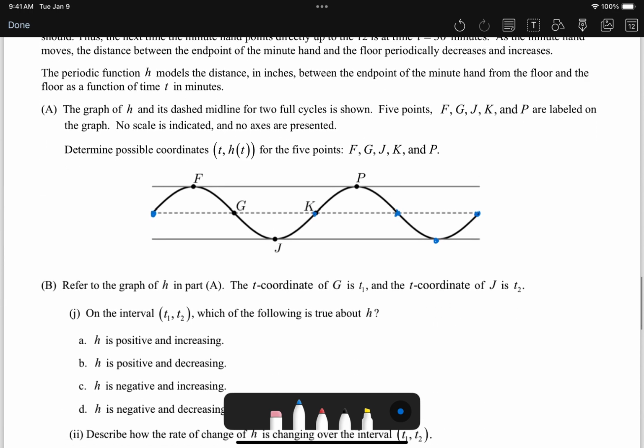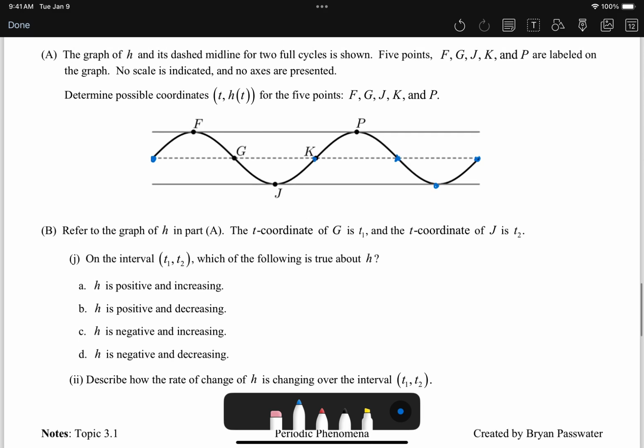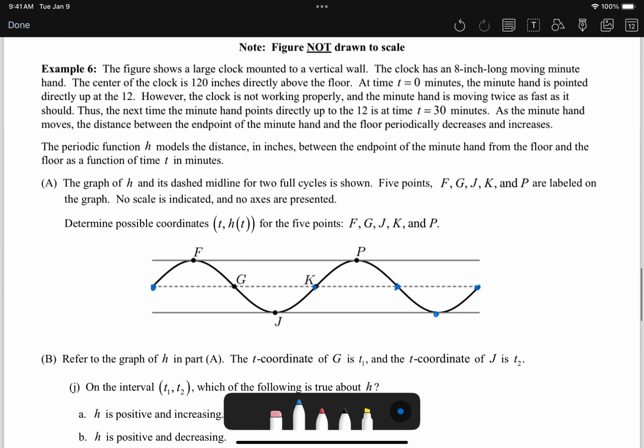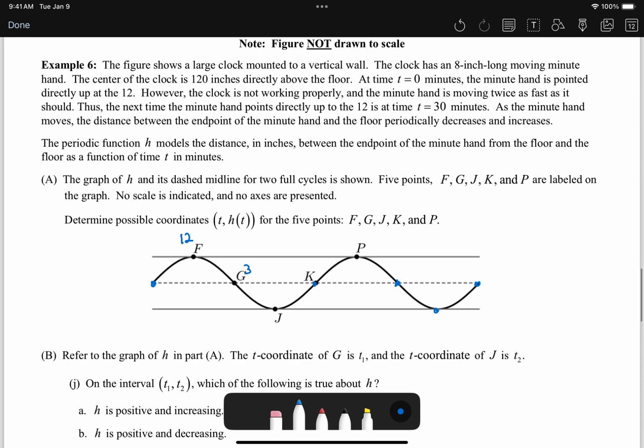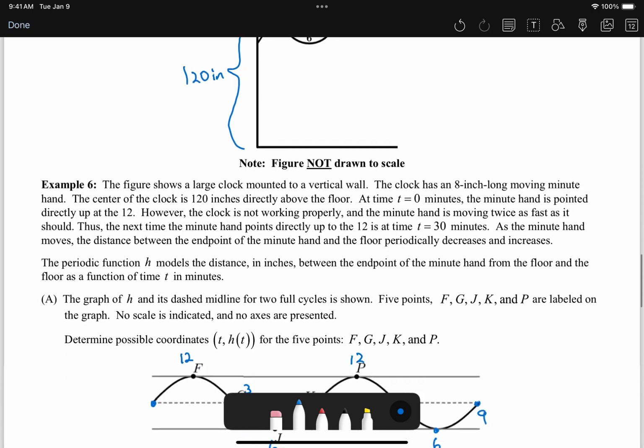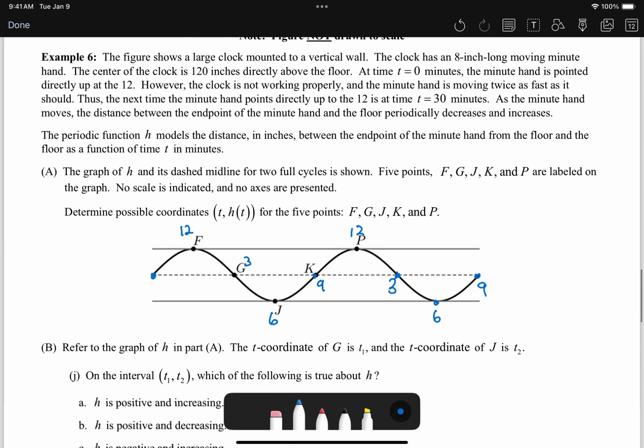So at time 0, we are going to start at 12, which is right here. Well, then 3 would be G, 6, 9, back to 12, 3, 6, 9, correct? Okay, I hope that makes sense.